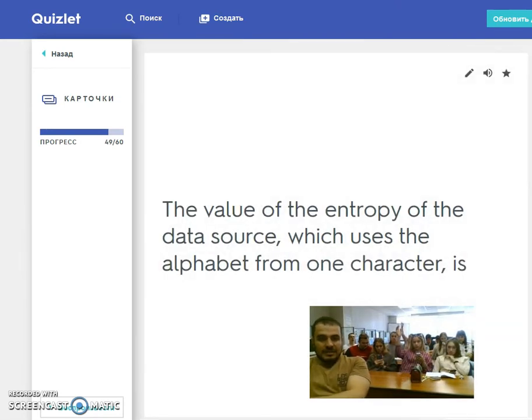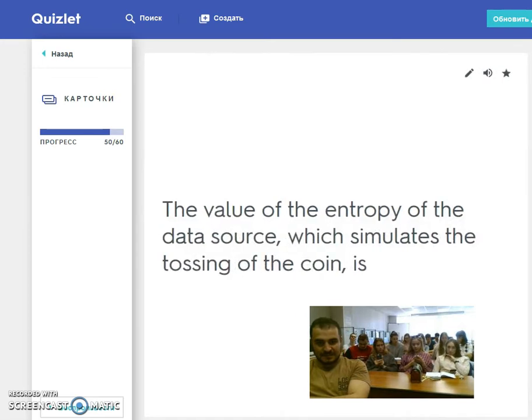The value of the entropy of the data source which uses an alphabet of one character is. The value of the entropy of the data source which simulates the tossing of a coin is.